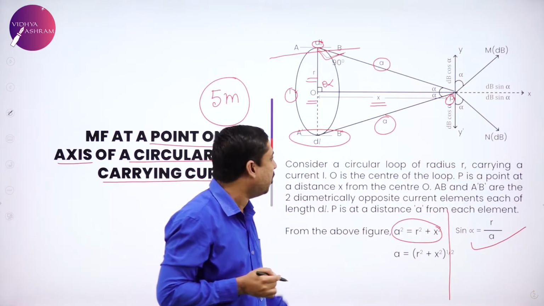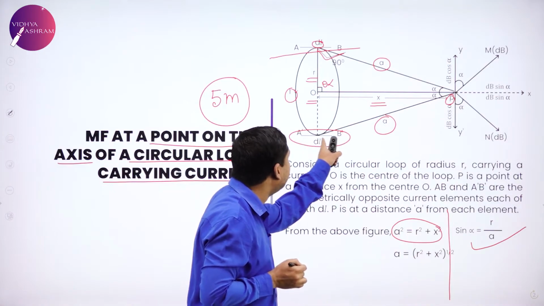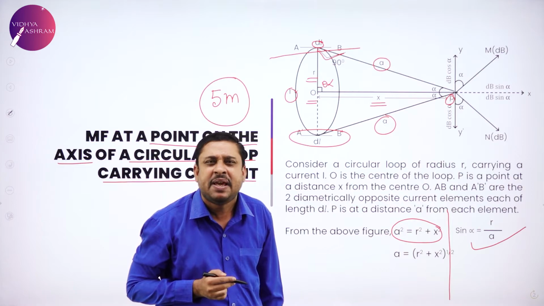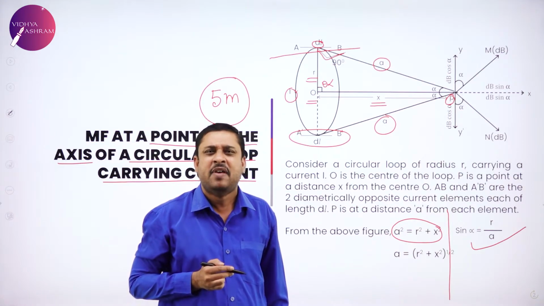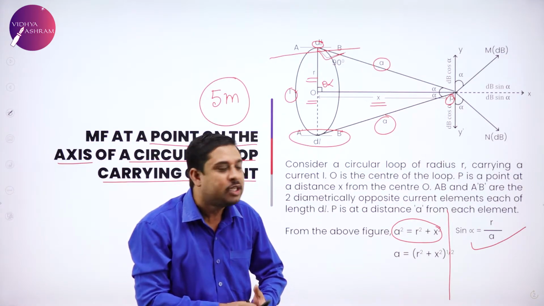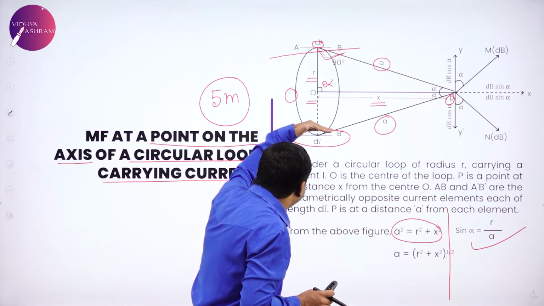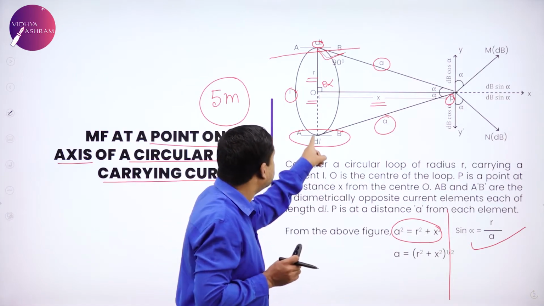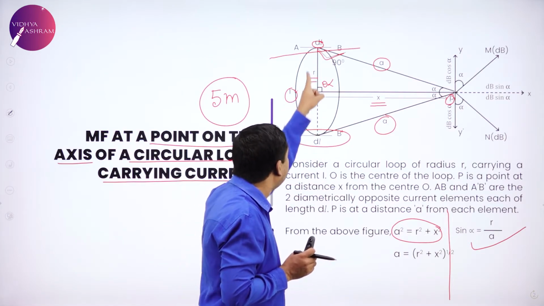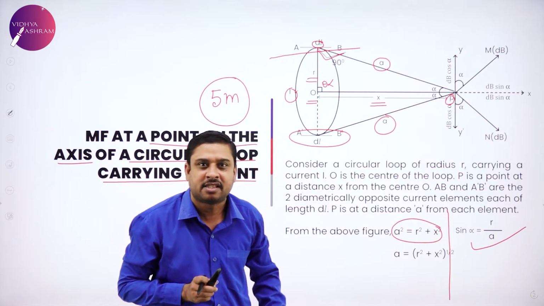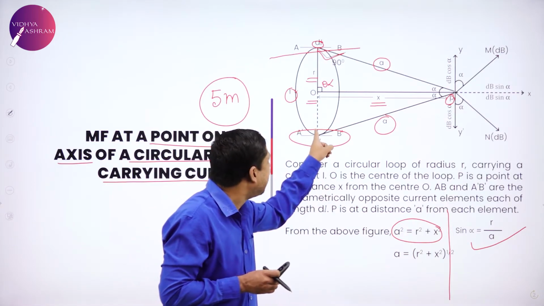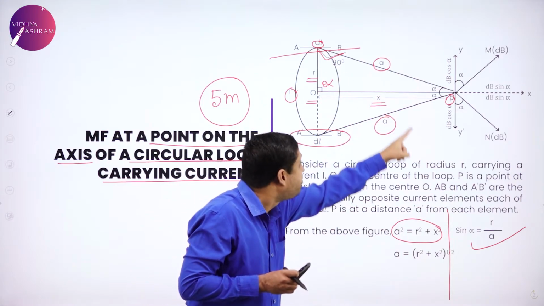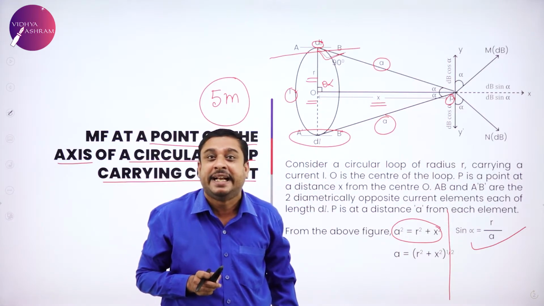That is why I told the element has to be selected to be very, very thin, so that it forms a tangent to the given surface. So it is forming a tangent to the given surface. So the angle between the tangent and current flowing in the plane becomes 90 degrees.